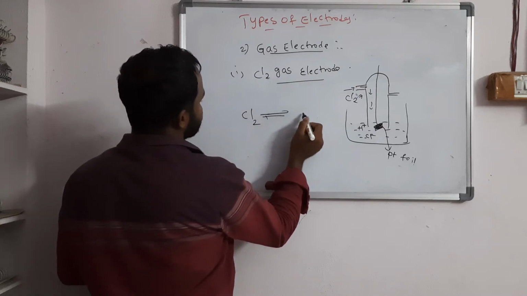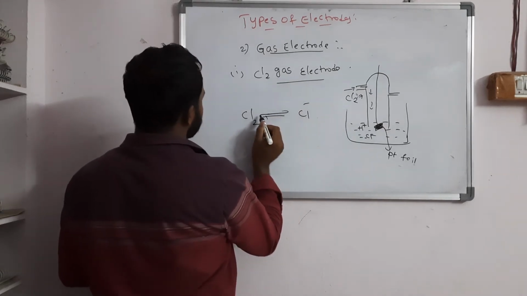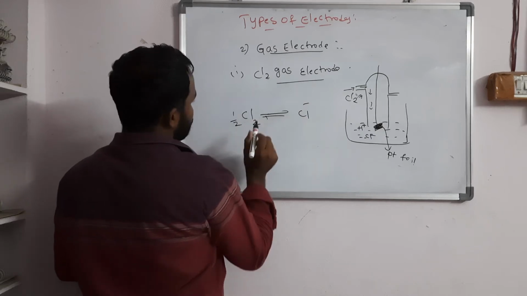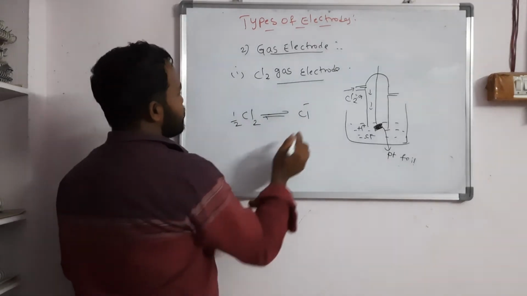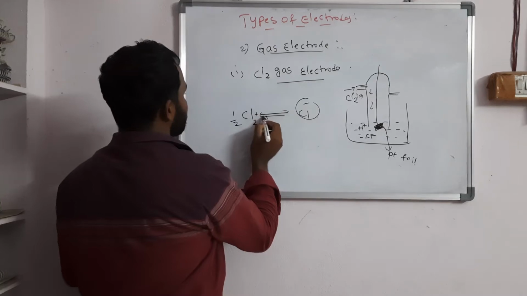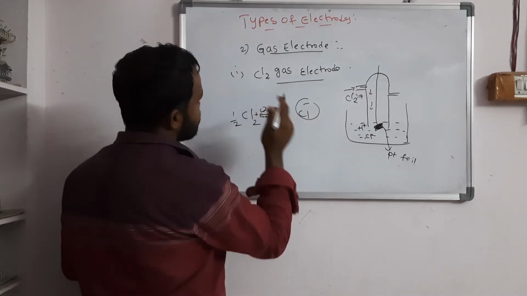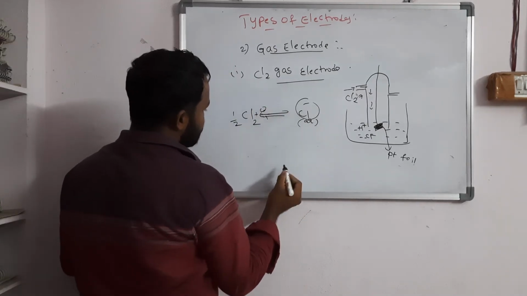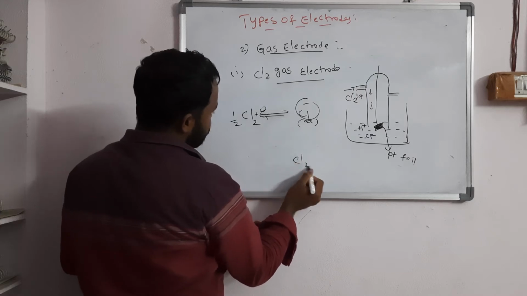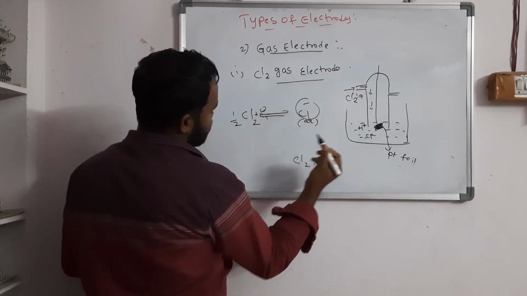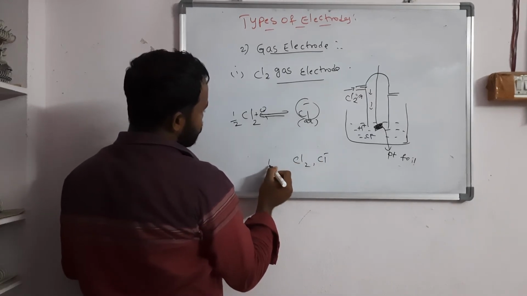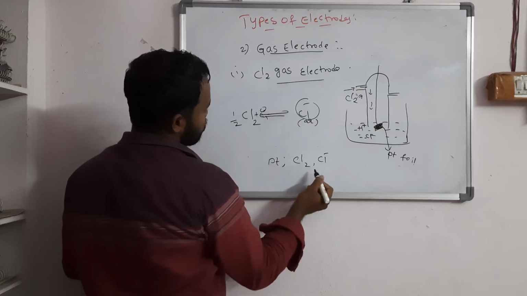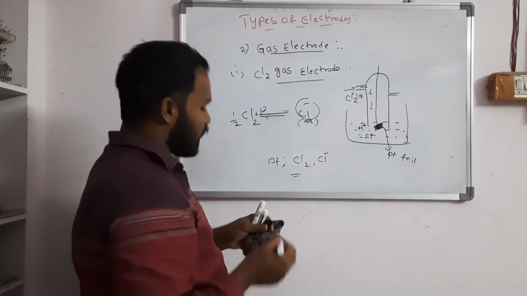Half chlorine, by gain of an electron, is converted into Cl minus, aqueous. The representation is the same: Pt, Cl2, Cl minus, using a platinum electrode. So this is about the chlorine gas electrode.